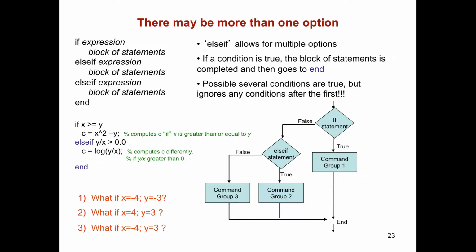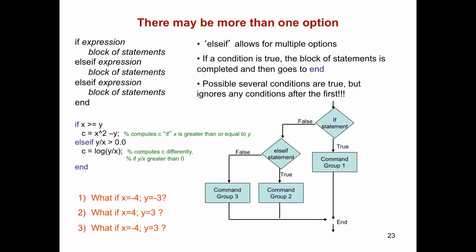Okay. So here is an example, and we can actually type this in. So you can have two variables, x and y. If x is larger than or equal to y, you will evaluate c as this. And if x is really larger than y, you will execute this and go directly to end.